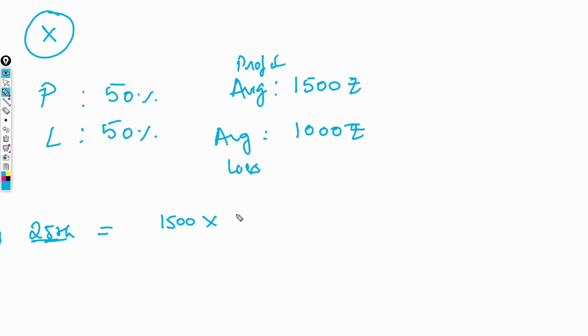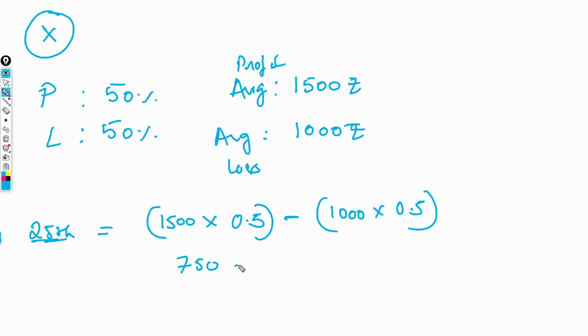Probability is 50%. So this is the expected profit minus the loss I am expecting. I am expecting a loss of 1000 rupees into 0.5 because the probability is 0.5. So this is nothing but 750 minus 500, which is equal to 250 rupees. So on an average, I can expect to make around 250 rupees the next day I take a trade.